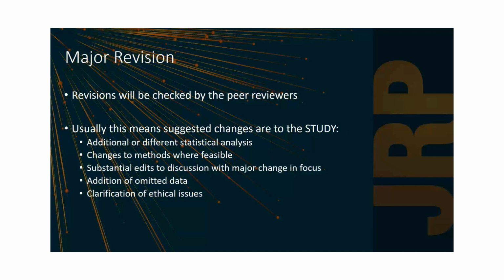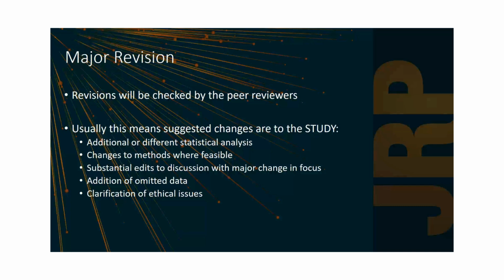So a major revision implies that they need to do something to the study itself. Okay? And by that, what we mean is that they need to kind of change the focus of something. Maybe they need to tweak some of their methods, maybe add a different statistical test. That's quite common. They might have omitted something that's really important. There might be some ethical issues that need clarifying.